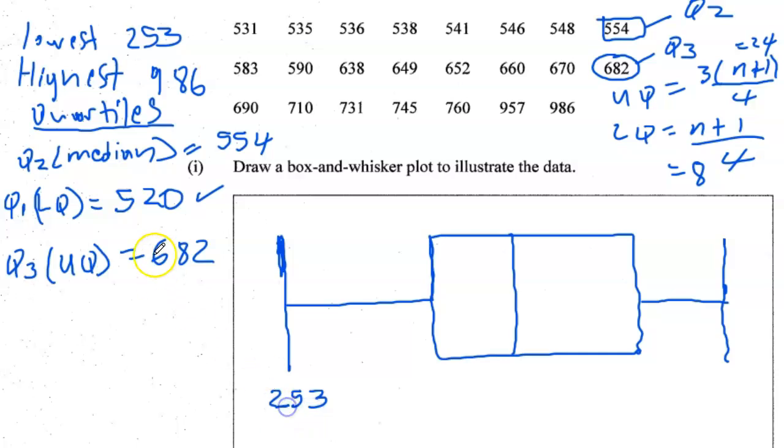The highest number, 986. Q1, that's 520. Q2, that's 554. And Q3, that's 682. That's our box and whisker plot. Let's move on.